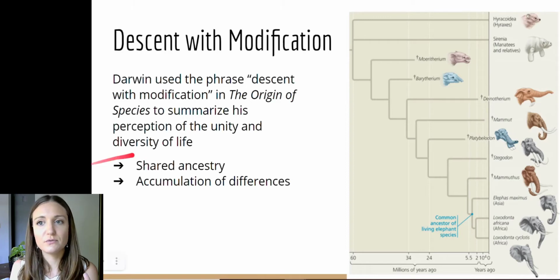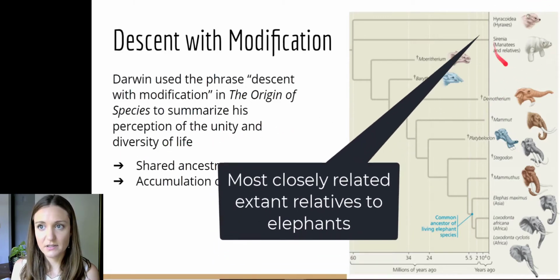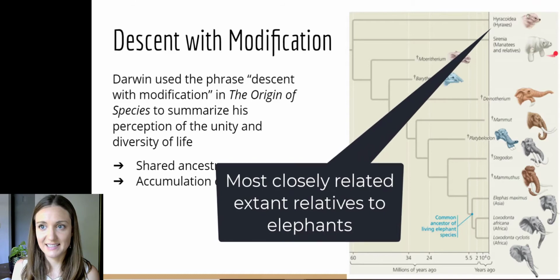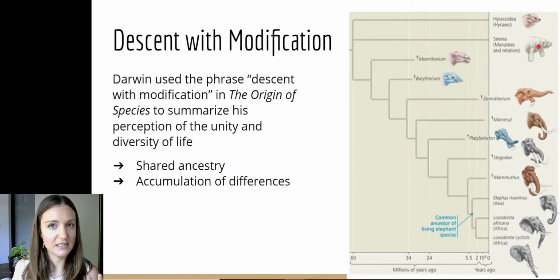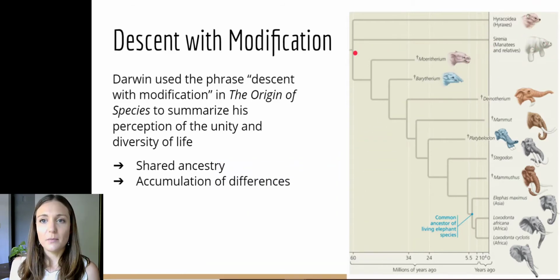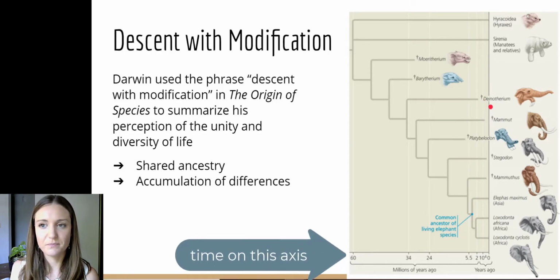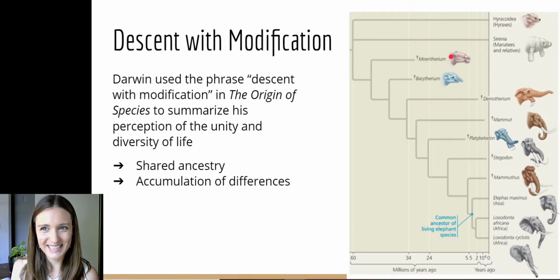The most related organisms to modern elephants right here are the hyraxes and the manatees and sirens. They share a common ancestor with elephants all the way back here. And then the extant elephants of today are right here. So there's a lot of tips of the branches that don't extend all the way to modern times. These are all fossil species, ancient fossil relatives of modern elephants.